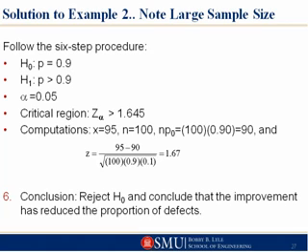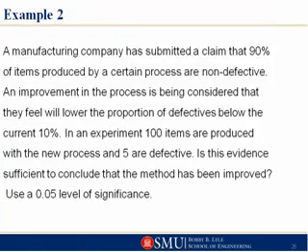So we know that we're working with a large sample size, and we're going to use the normal distribution as a good approximation for the probabilities associated with a binomial. Our null hypothesis is the claim that 90% of items produced by a certain process are non-defective.